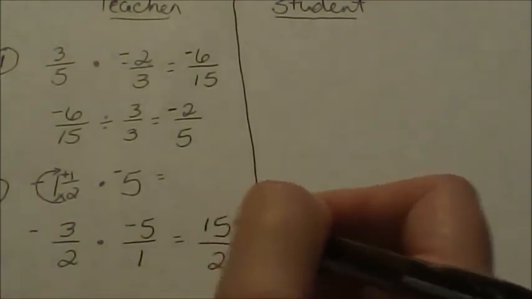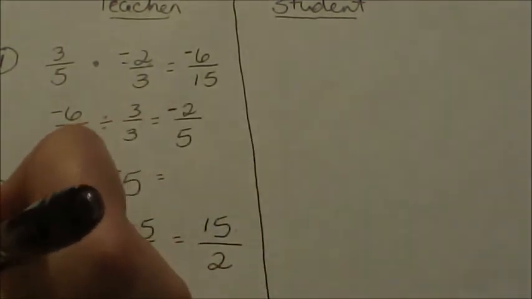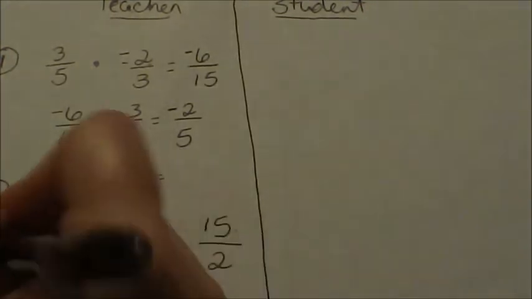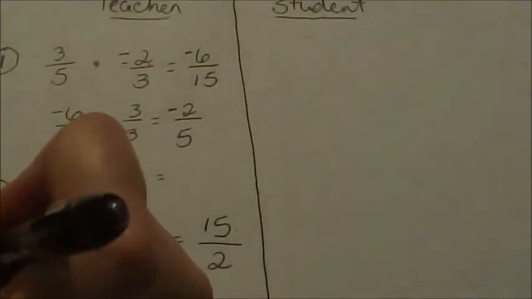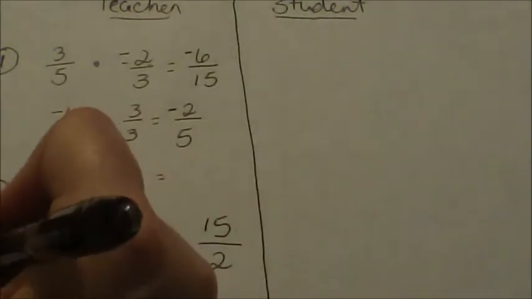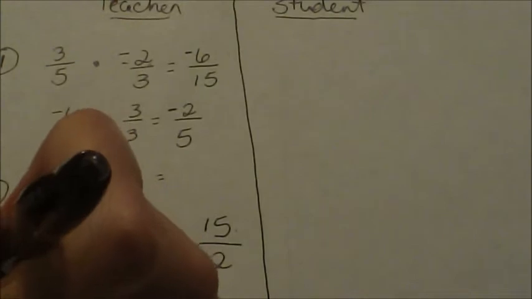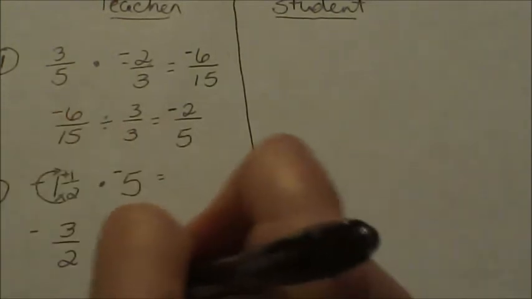2 goes into 15. This is going to go 7 times with 1 left over. 7 and 1/2.